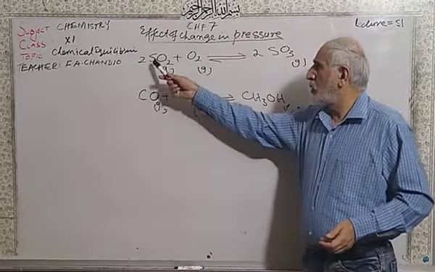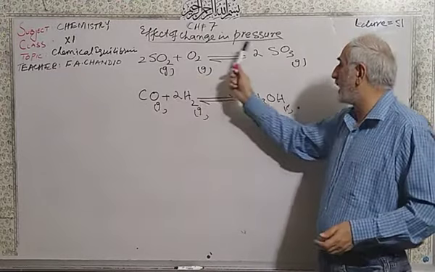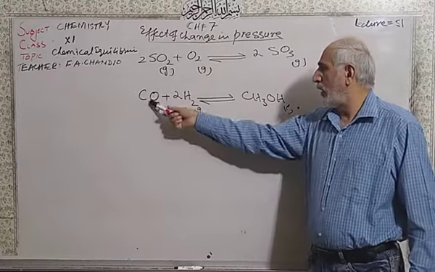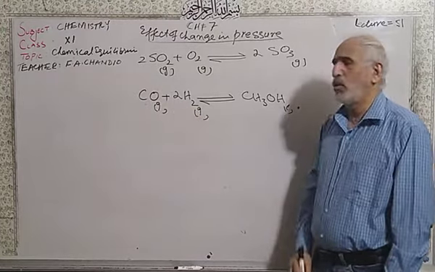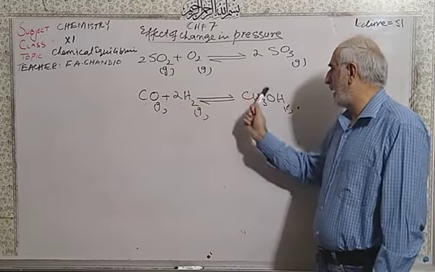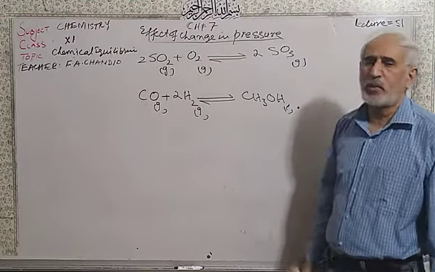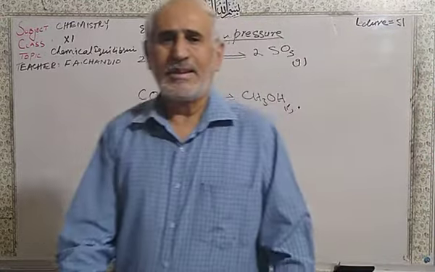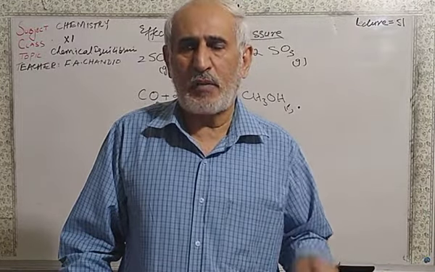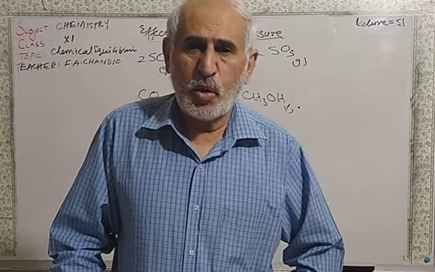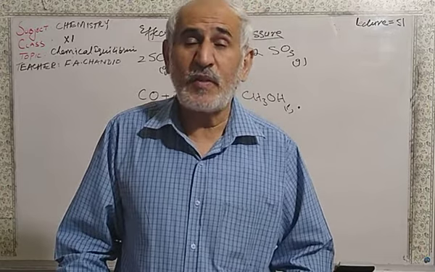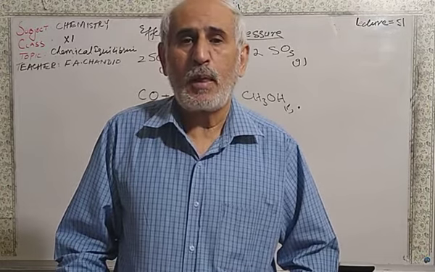Unequal means 2 plus 1, 3 volumes, 3 moles, and here are 2 volumes or 2 moles. Vice versa: 1 plus 2, 3 moles, and there is 1 mole. Maybe more here, maybe less here, but it should be unequal. Then the pressure will affect that system. Otherwise, if the number of moles is the same on both sides, the pressure will not affect that system. This is very important. You have to remember this.